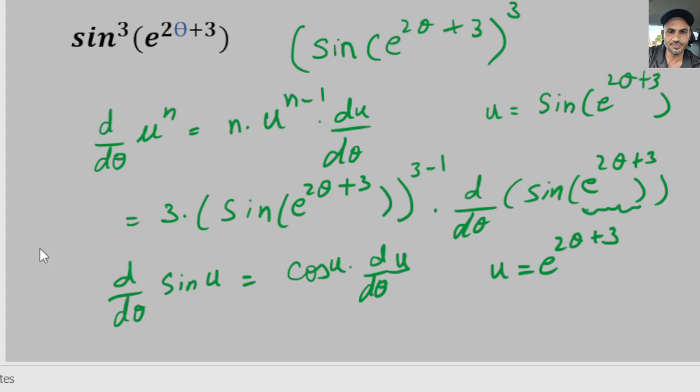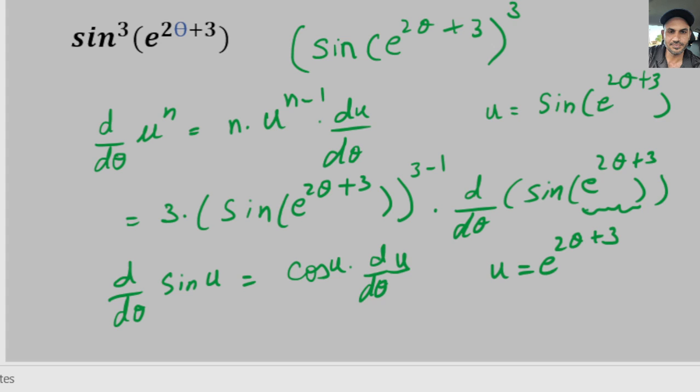So in the next step, I'm going to write it as 3 times sine of e to the 2 theta plus 3, and 3 minus 1 is 2, times the derivative of sine u, which is going to be cosine u times du over d theta.